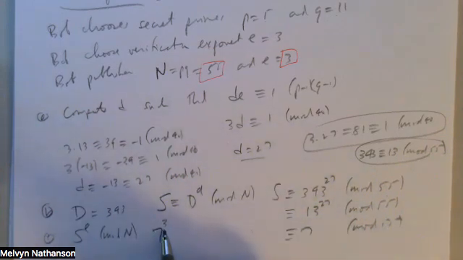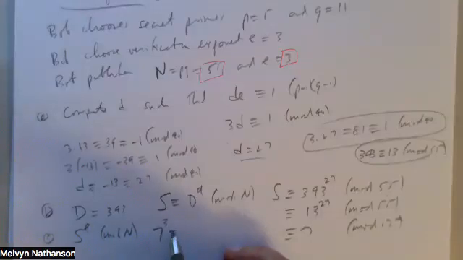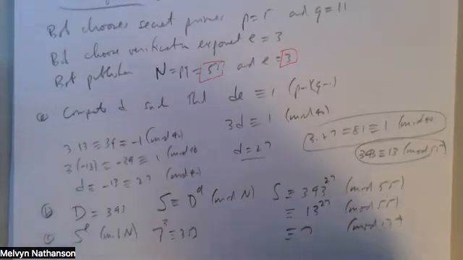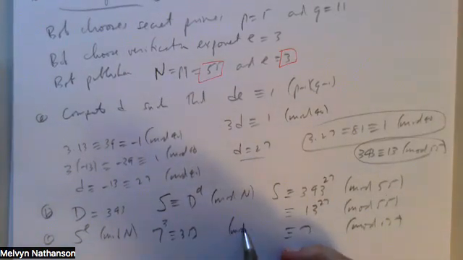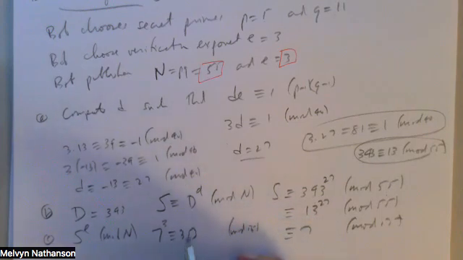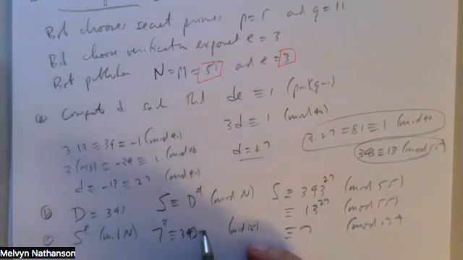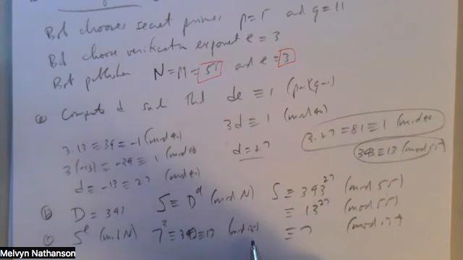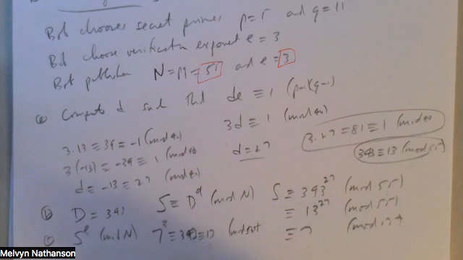Let's see. 7 cubed is 343. What is this mod 55? It's 23. Oops, that's not good. Is that right? No. 7 cubed is 343, which is congruent to 13 mod 55. And that's the right answer.